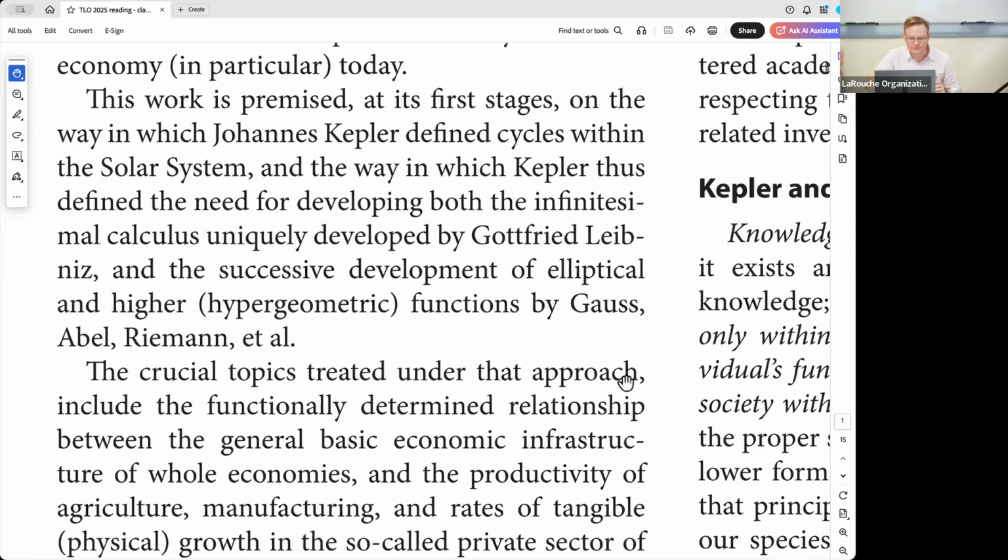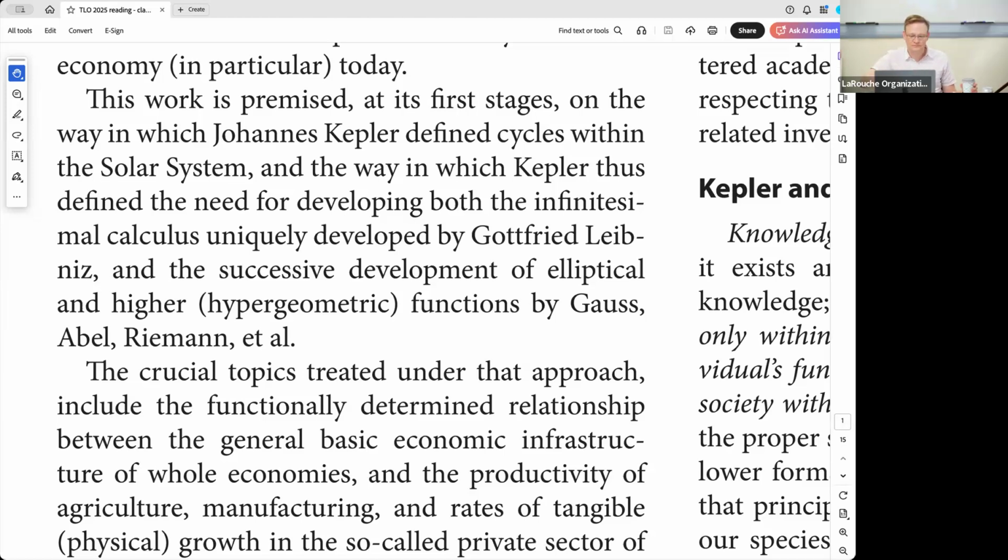This work is premised at its first stages on the way in which Johannes Kepler defines cycles within the solar system, and the way in which Kepler thus defined the need for developing both the infinitesimal calculus, uniquely developed by Gottfried Leibniz, and the successive development of elliptical and higher hypergeometric functions by Gauss, Abel, Riemann, et al.